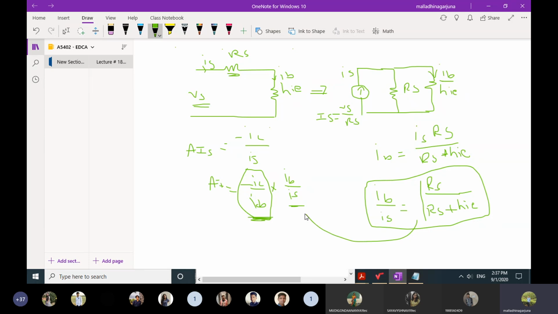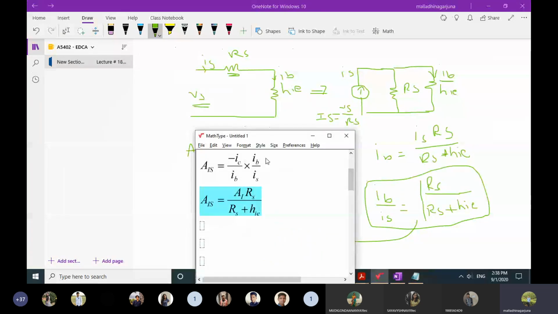Substituting in this, we get AIS equal to AI times Rs divided by Rs plus Hi. So this is the current gain with the source resistance.